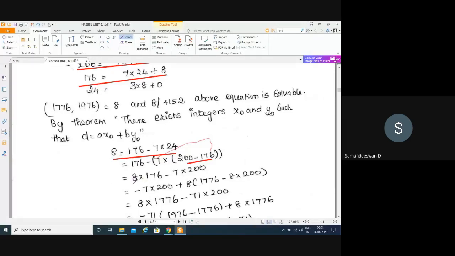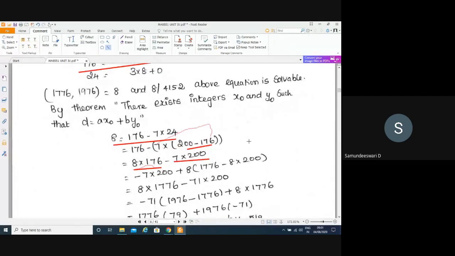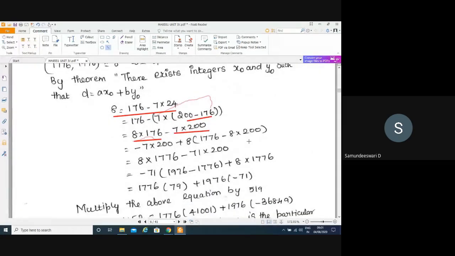Already 1 into 176, here 7 into 176, so if you add these two, we get 8 into 176. Minus 7 into 200 as it is. So add the first and third terms, second term as it is: 8 into 176 minus 7 into 200.